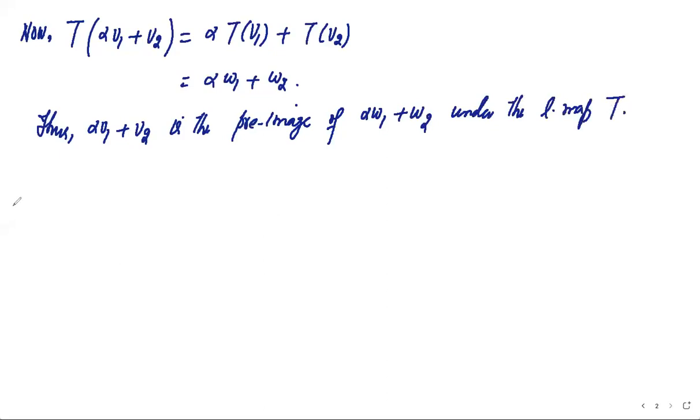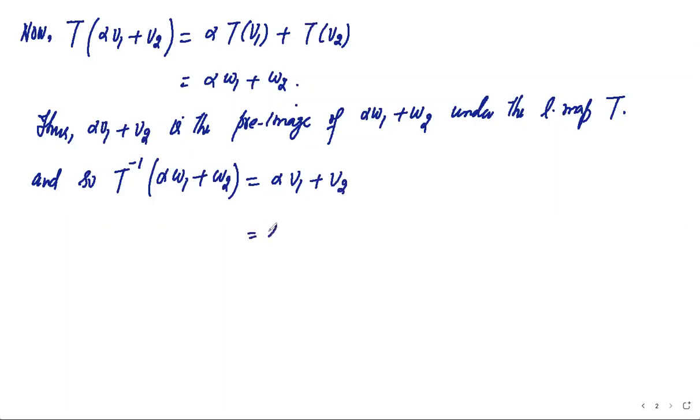Okay. And so we must have this T inverse of (alpha W1 plus W2) is equal to alpha V1 plus V2, and this directly comes from this equation.